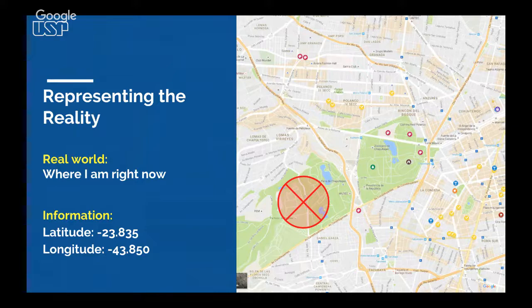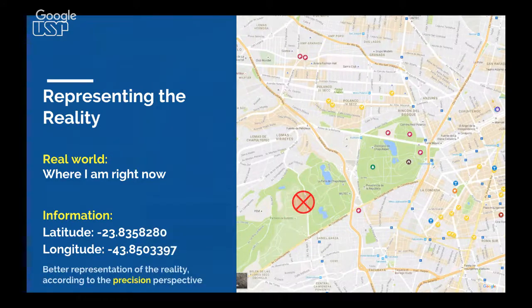And if I want to improve this precision, if I want to minimize the gap between this information and my current location, I could improve this, putting more decimals in the latitude and longitude. So I would have a better representation of the reality according to the precision perspective or resolution perspective, right? Of course, this latitude could be completely wrong, but it has a better precision. In this dimension, it's better.